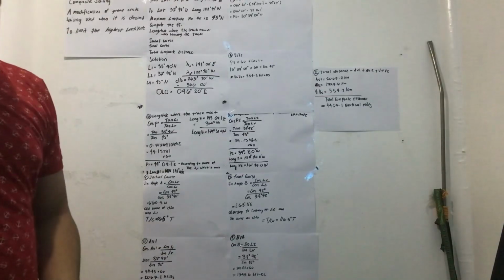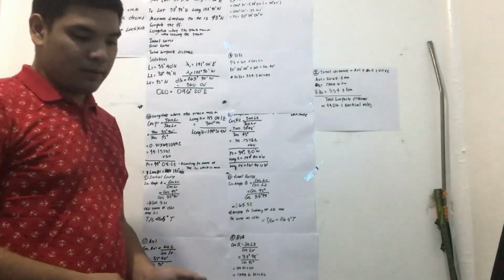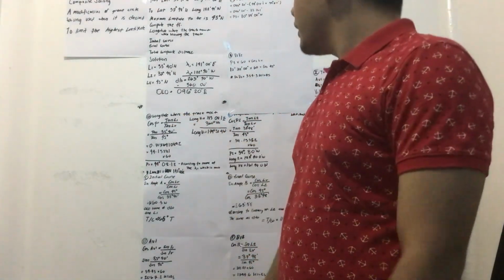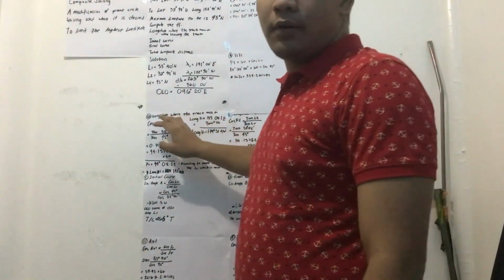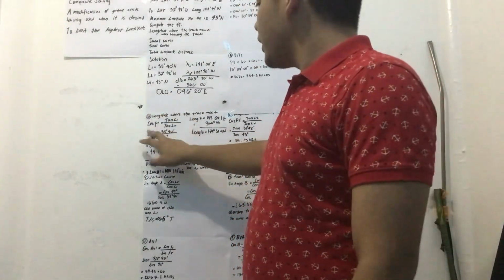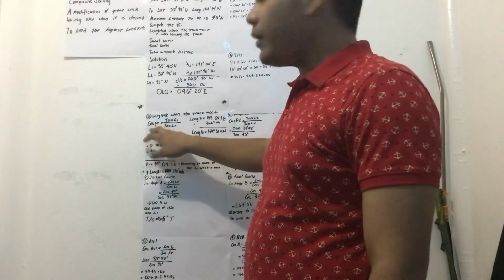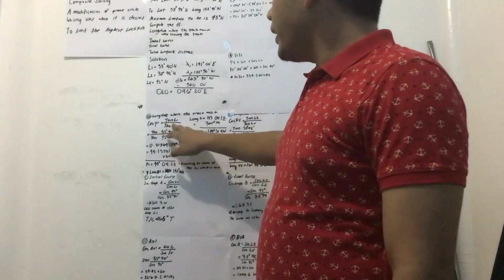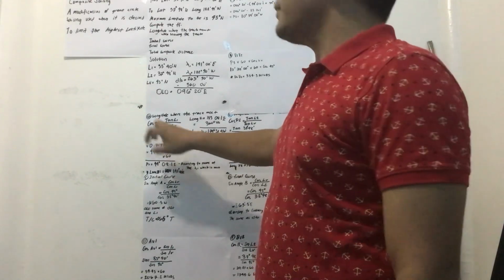So the first requirement that we need is getting the longitude where the track meets. So the formula for this will be cosine P1 is equal to tangent L1 over tangent LV.